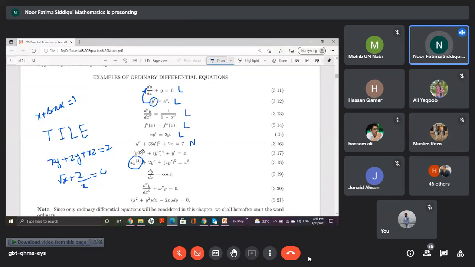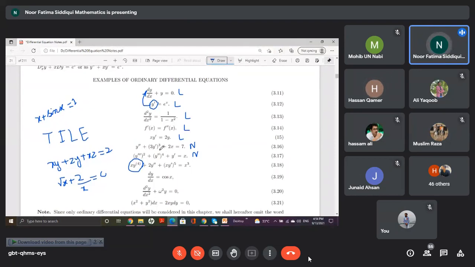Because 2 is the power of the highest order derivative. It is non-linear. Why non-linear? Because y prime is multiplied by itself. Exactly. The third order derivative term is also appearing with greater than 1 power. Similarly, y double prime is also appearing with greater than 1 power. So it is a non-linear equation.